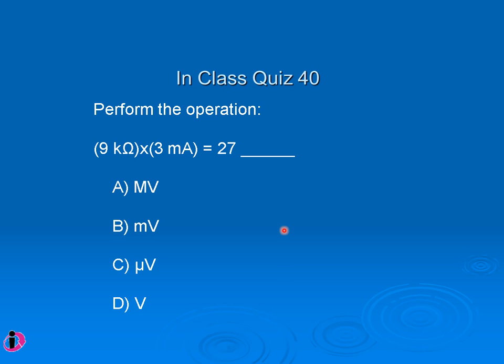So that means it's 27 volt, because anything to the power 0 is 1, right? Right answer is D. Plus minus 3 is minus 3. So 3 minus 3 is 0, right? So the right answer is only volt. So there is no engineering prefix. So the right answer is D.